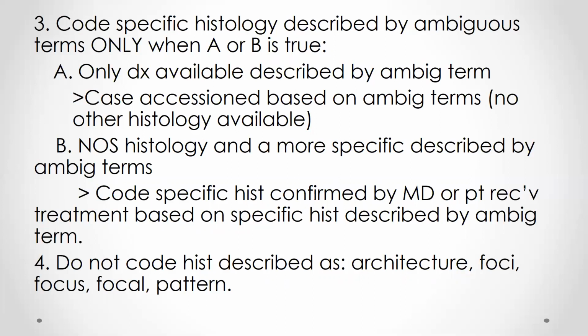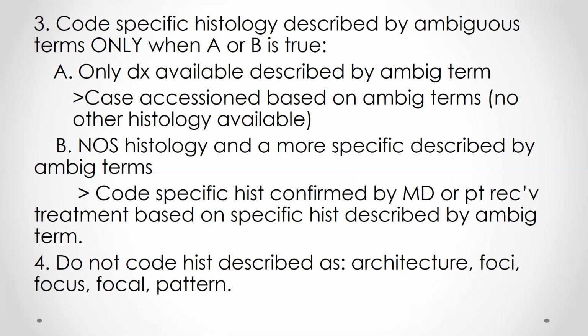Or if you have an NOS and a more specific describing the ambiguous terms, you can only use that ambiguous specific histology if it's confirmed by a doctor or the patient is receiving treatment based on that specific histology. And the physician would have to state that.